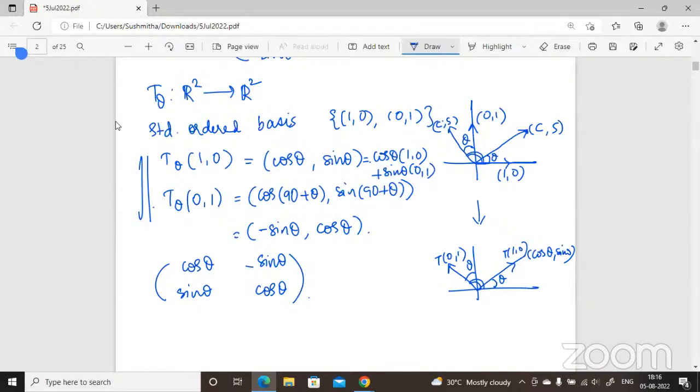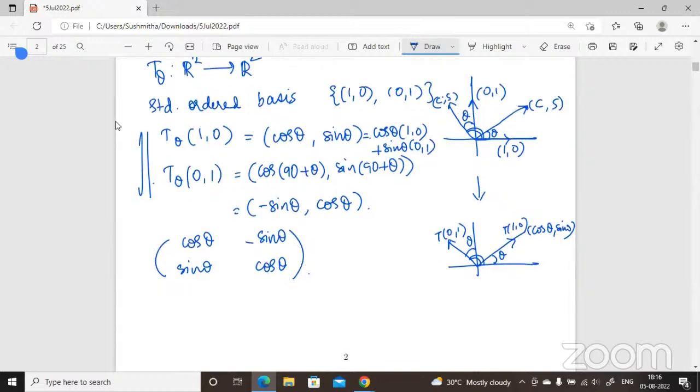So cos of 90 plus theta, comma, sin of 90 plus theta, that's minus sin theta, cos theta. And we put it down as a matrix. That's it. Is it clear now? Yes, ma'am. Fine. So this is the 2 cross 2 rotation matrix.